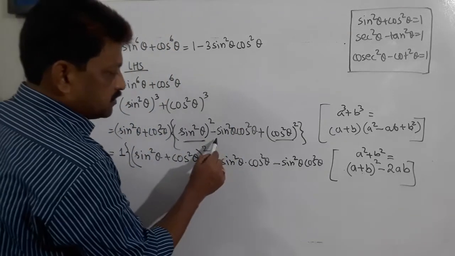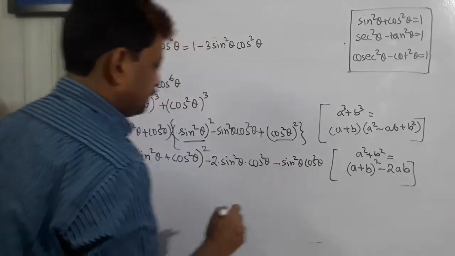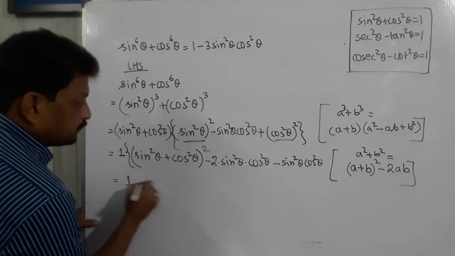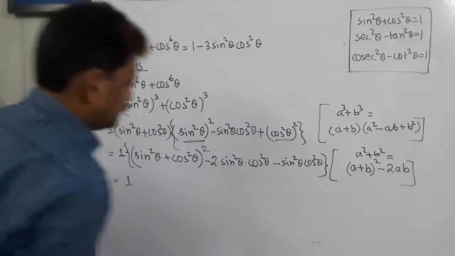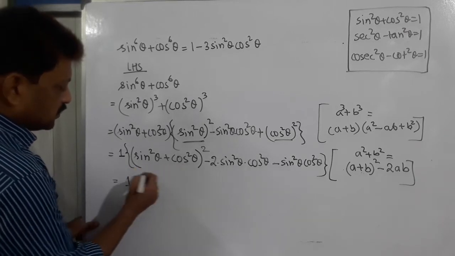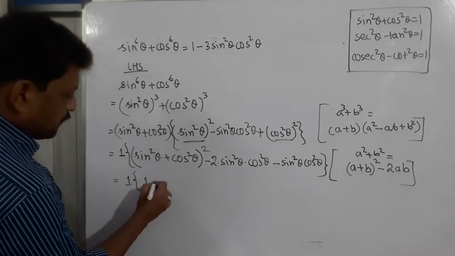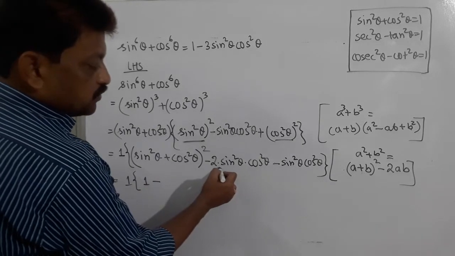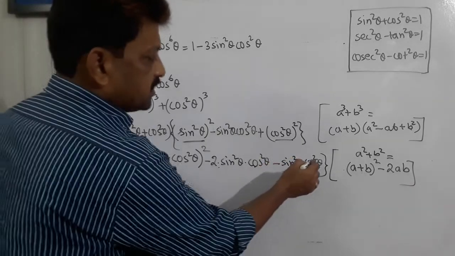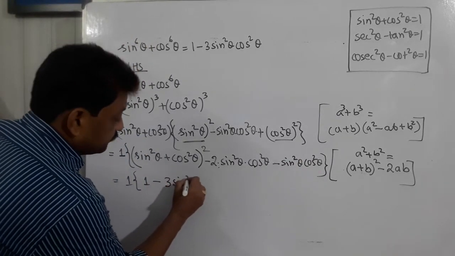And this minus sine square theta cos square theta is also there, so it is also written now. So this second bracket is closed. Again here sine square theta plus cos square theta is 1, so I can write 1 minus 2 sine square theta cos square theta minus sine square theta cos square theta makes 3 sine square theta cos square theta.